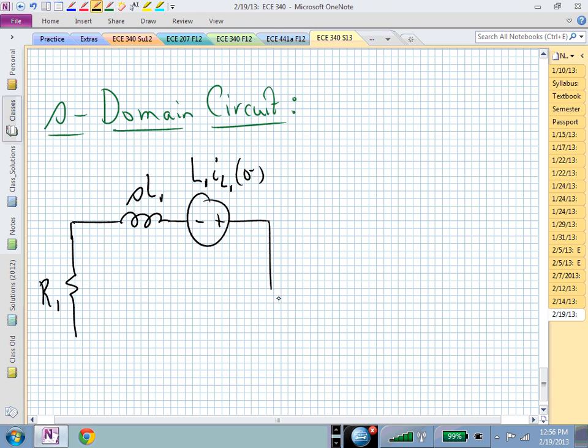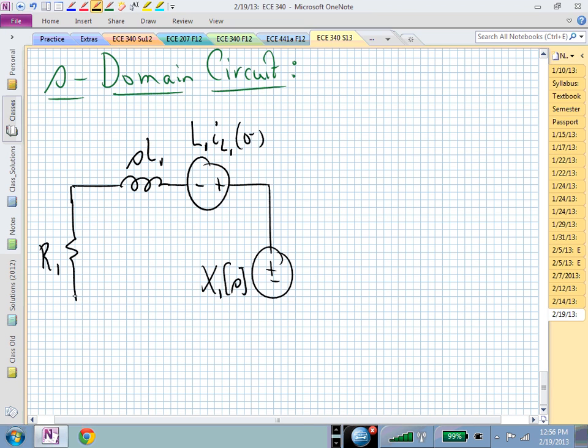Then we had our source, which will have to be told what little x sub 1 of t was so that we could Laplace transform that, but now we have capital X sub 1 of s. We had a capacitor.